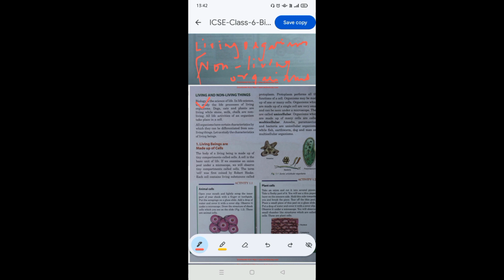In case of living, we can say dogs, cats, and plants are living, whereas stone, chalk, and milk are non-living things. So, how can we differentiate living and non-living things? The first characteristic is that living beings are made up of cells.